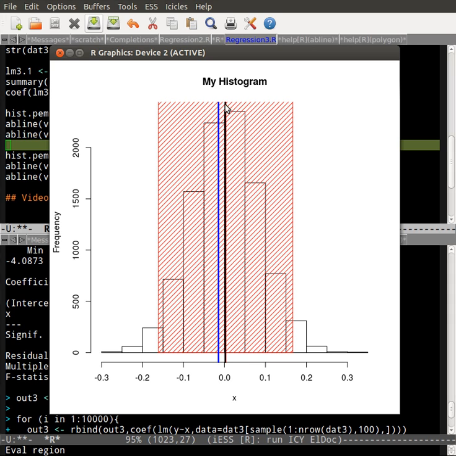Underneath this black line is a red line, and that red line is the mean bootstrap sample, and this is for the intercept. The intercept is about 0, which makes sense because x and y are both standardized. And the black line is the population parameter for the intercept for A, given my 100,000 sample.